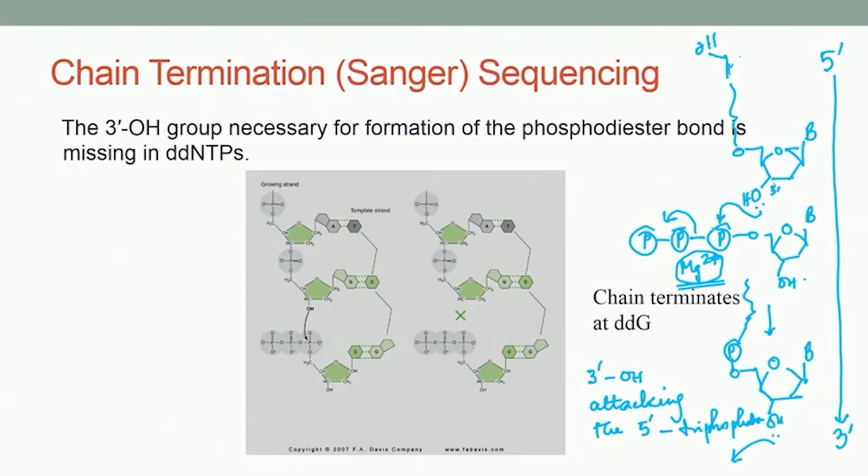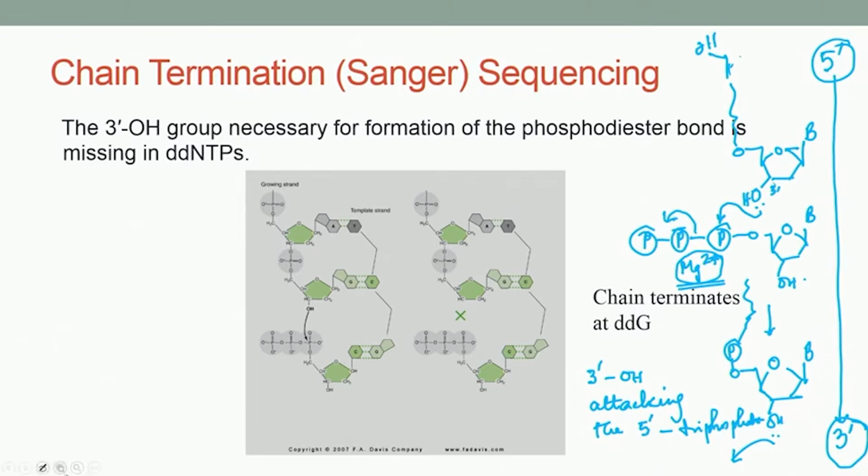Okay. So, this is the job of DNA polymerase. So, the important thing is that the direction of synthesis takes place from 5 prime to 3 prime, and while doing so it is the 3 prime OH attacking the 5 prime triphosphate. Now, what did Sanger do? Sanger thought that suppose one of these deoxynucleoside triphosphates does not have this OH.